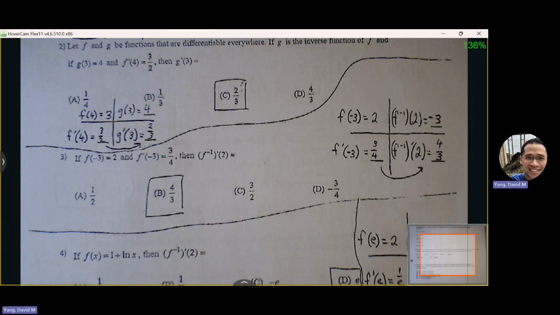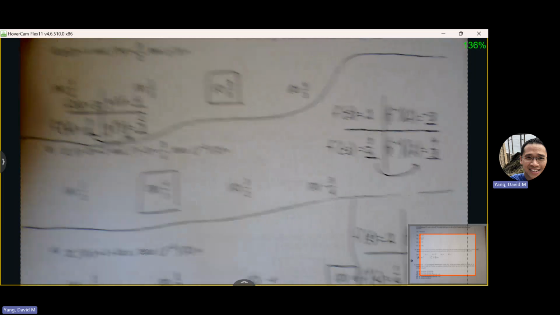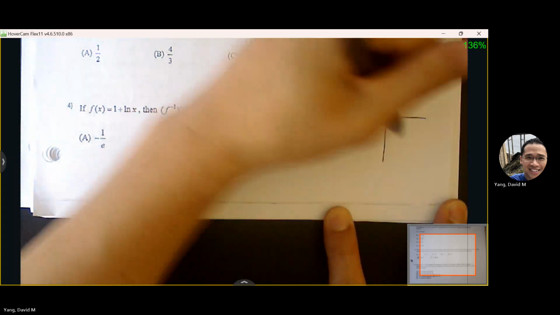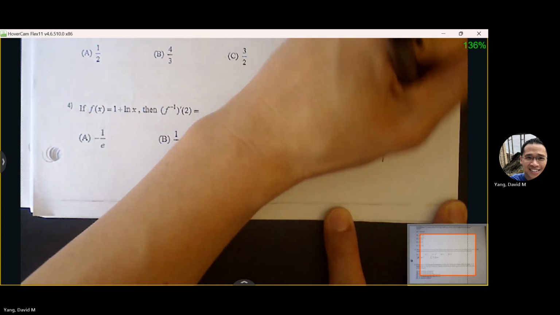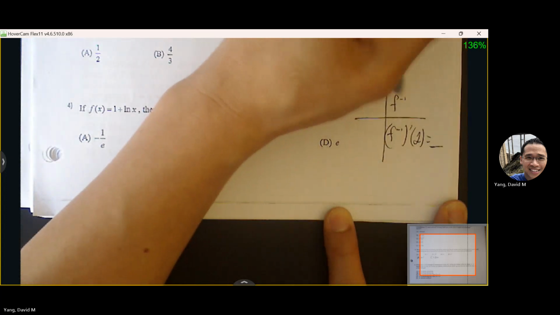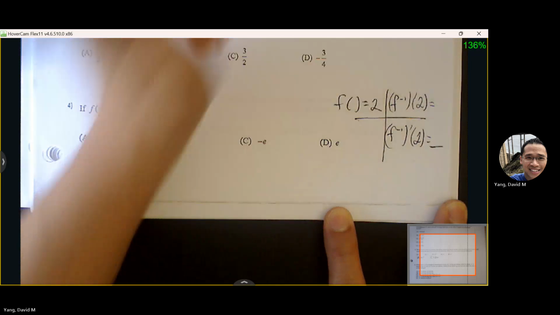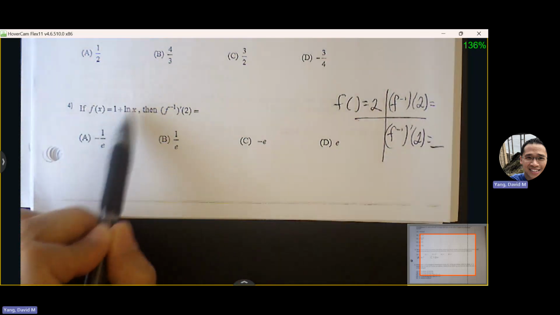Okay, number 4. F of x is 1 plus natural log of x. Find the derivative of inverse f at 2. We know 2 is the y value of the function that we're working on.